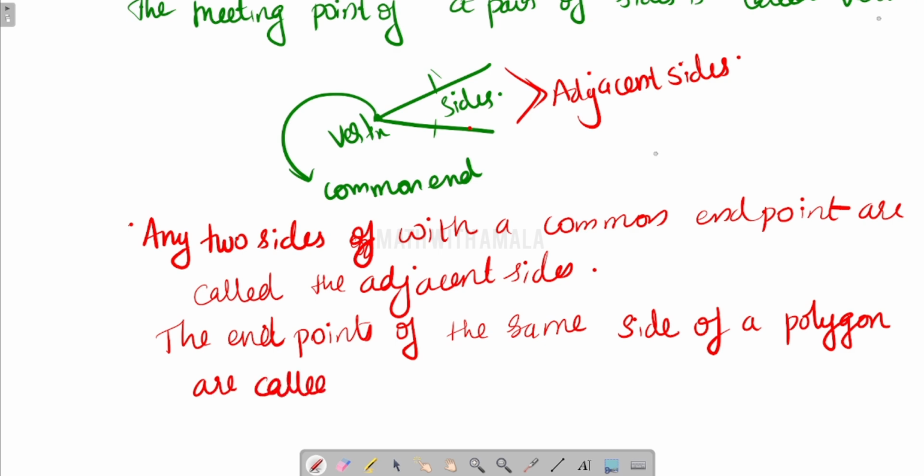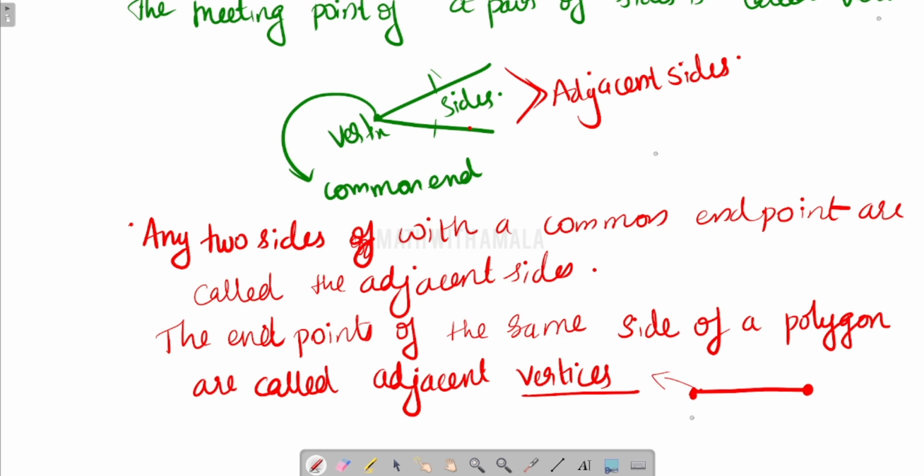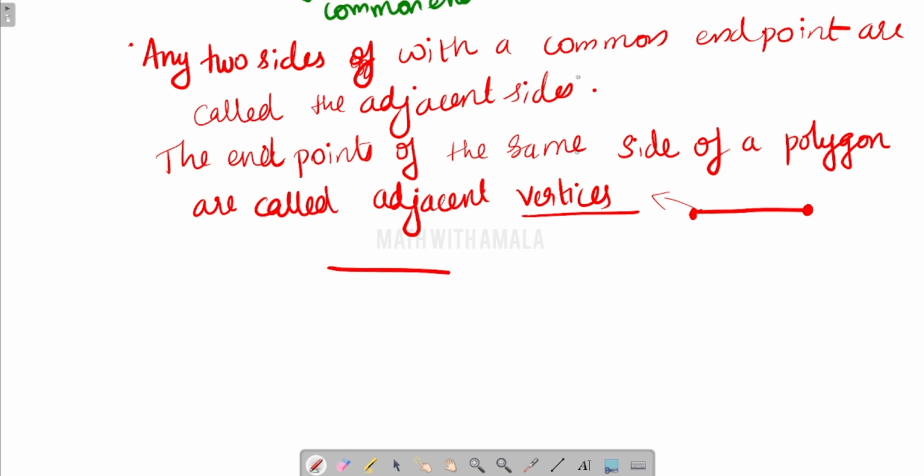Okay, so you will have two, then you can say it like vertices. Let us take a side or a thorn stick. Then it is actually a line segment. It will have both ends as specified. So you can say that these are the adjacent vertices of a single line or a line segment.